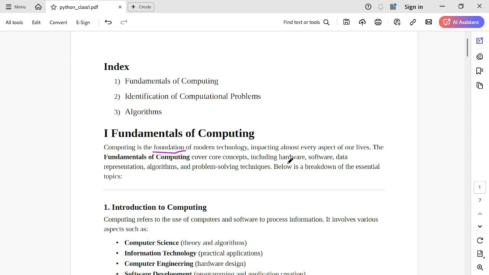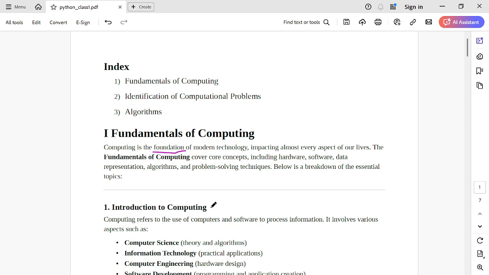This includes both hardware and software, as well as how we represent the data, what algorithm we use for it, and how we solve the problem. Now we will see each and every topic under fundamentals of computing.